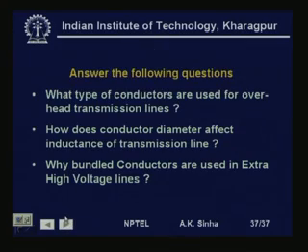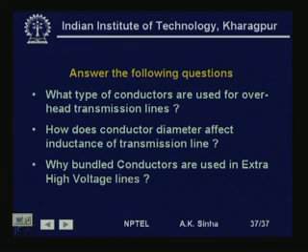So, once we have calculated the inductance, now we will close here, and before we close, I would like you to answer the following questions. First is, what type of conductors are used for overhead transmission lines?